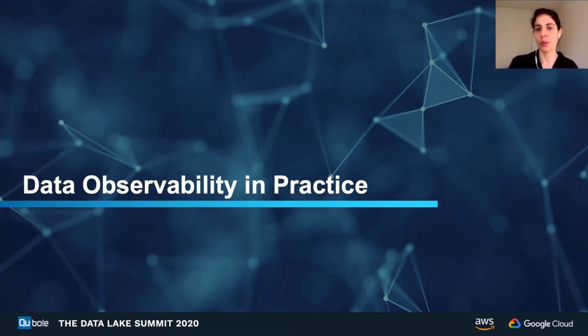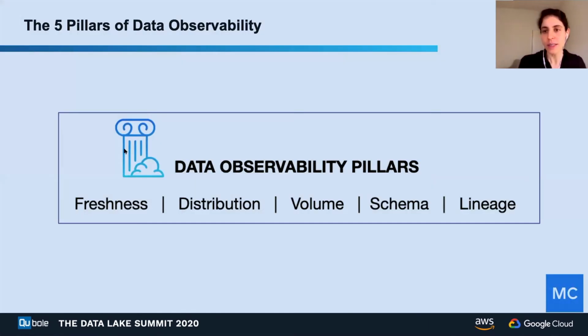We're talking about the data lakes and the future of data lakes today, but how do you actually make this a reality? So let's walk through a couple of examples of what data observability looks like in practice. Drawing a little bit on the corollary here for observability, if you think about applications, they can break for a million different reasons, right?